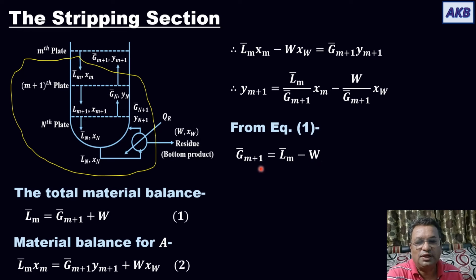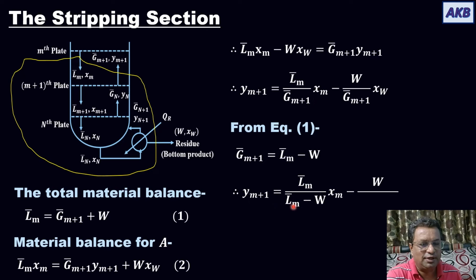And now we can use this equation for G bar m plus 1 in this equation. Okay. So if we do that, we get Y m plus 1 is equal to L bar m upon L bar m minus W into xm minus W upon L bar m minus W into xw.